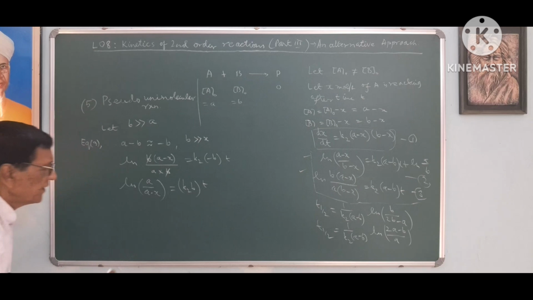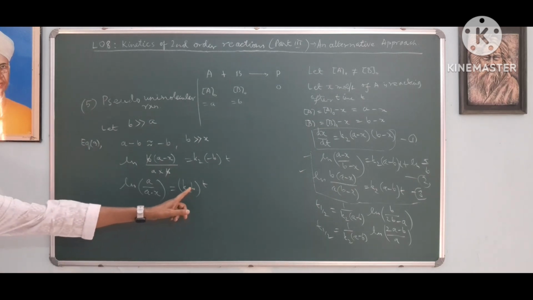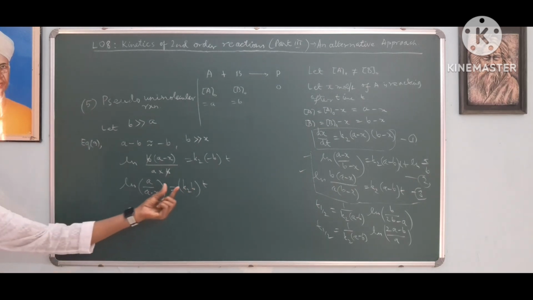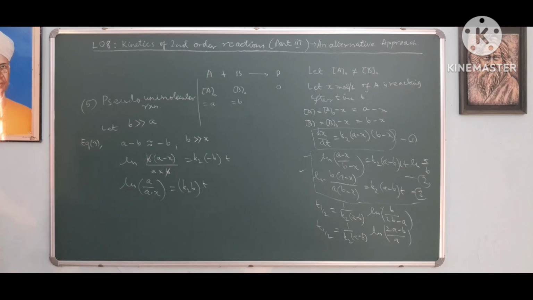Since B is constant and K2 is also constant, their multiplication gives a new constant.